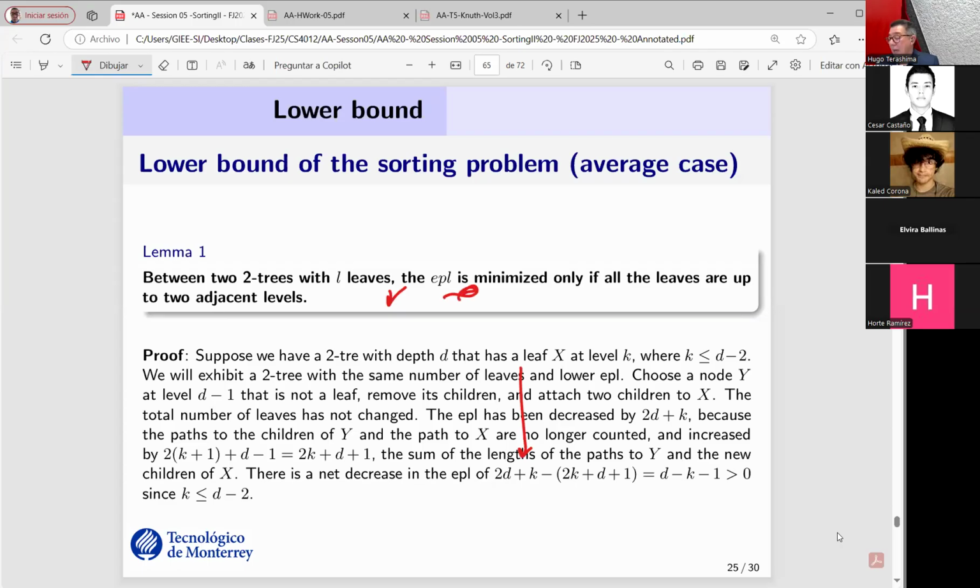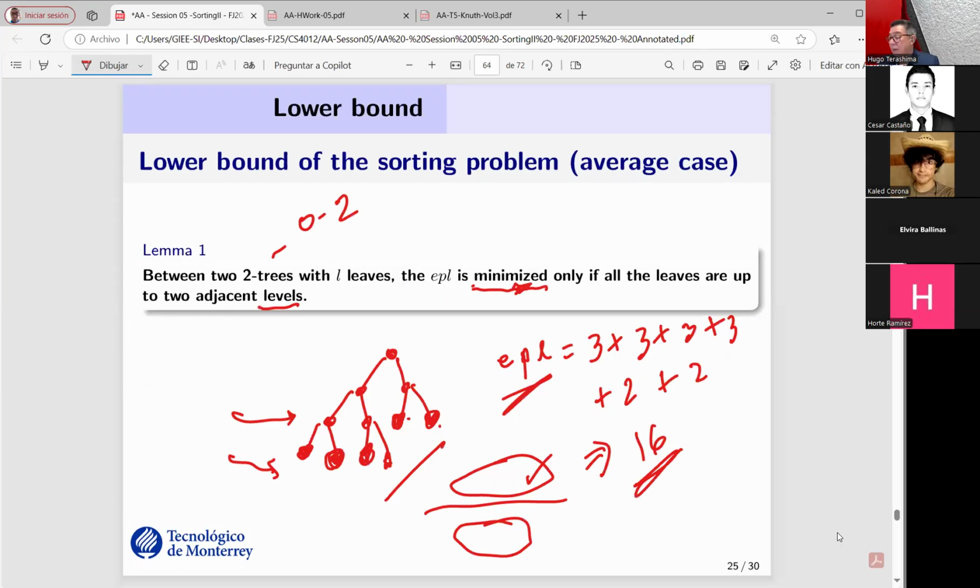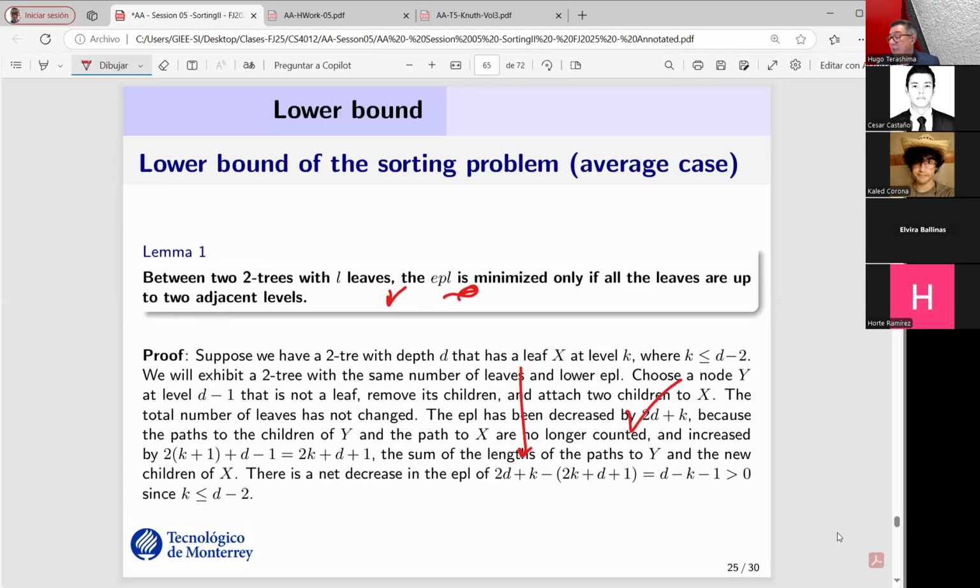So I want to have the leaves at most on 2 levels. So the EPL is going to be this value, and this here is a demonstration for which this case is true.